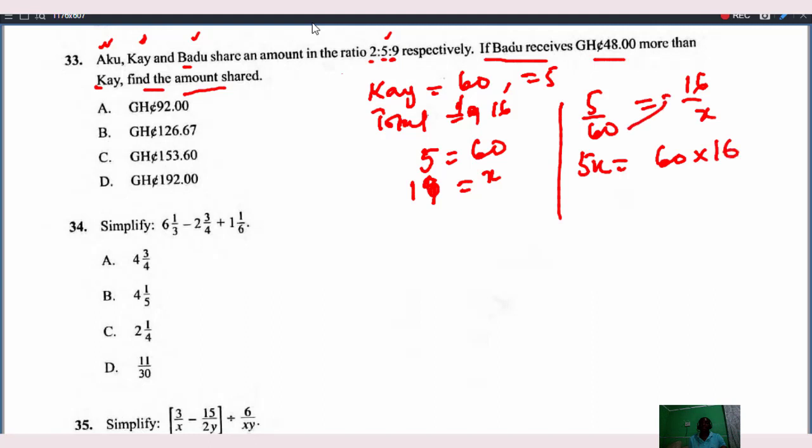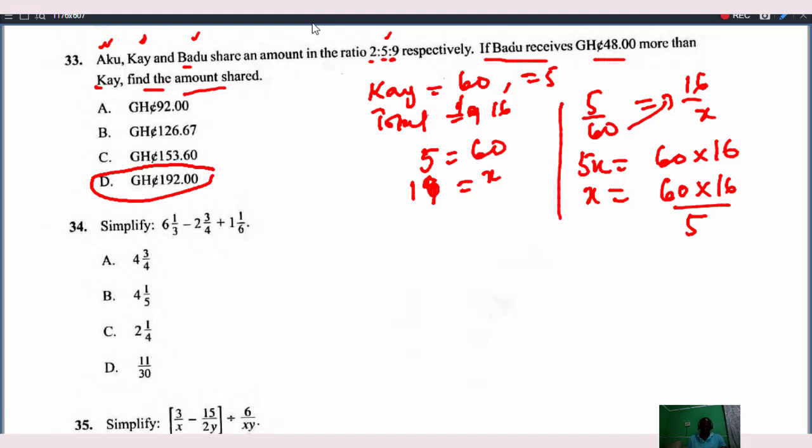We do cross multiplication. So our x is equal to 60 times 16 over 5. So we have 60 times 16 divided by 5. And your answer is there. It is 192.